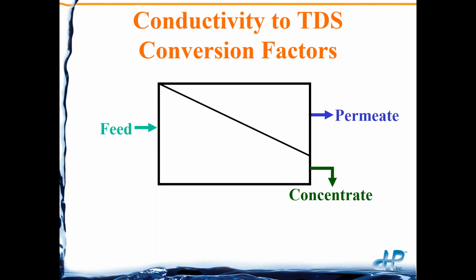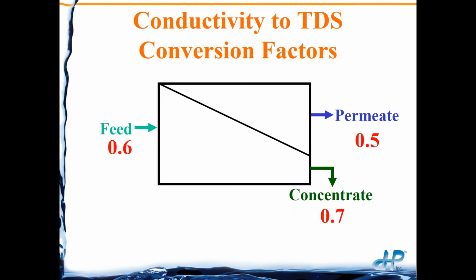There is no strict conversion factor for natural waters to convert from conductivity to total dissolved solids, but in the field, the conversion factors that I use are 0.6 for the feed, 0.5 for the permeate, and 0.7 for the concentrate.